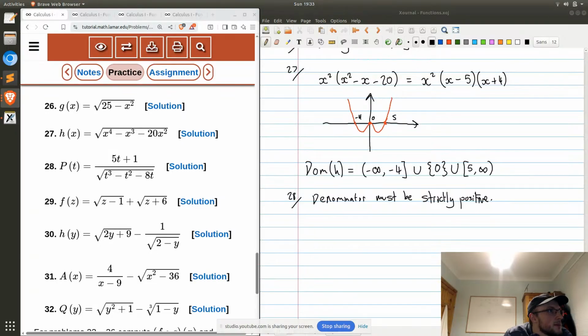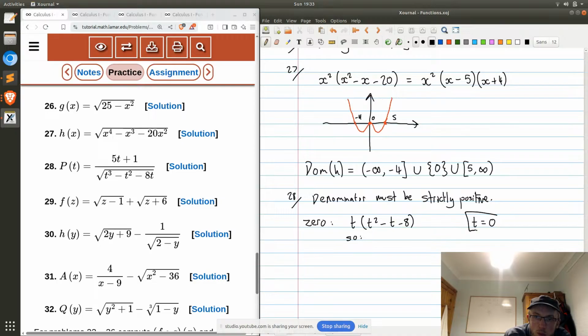First, let's figure out where it's 0. Factor out t, so we have t squared minus t minus 8. And that's not factorable, is it? Darn it. All right. Okay. Well, we have t equals 0. That's one root.